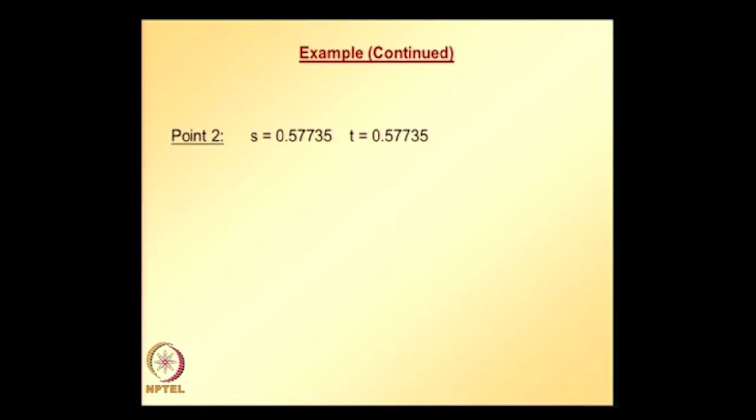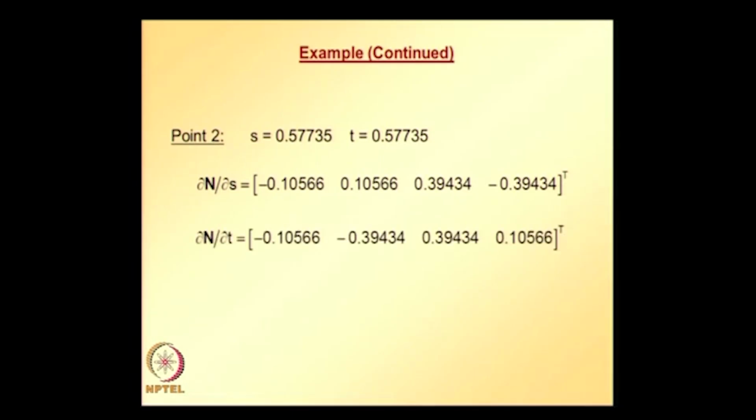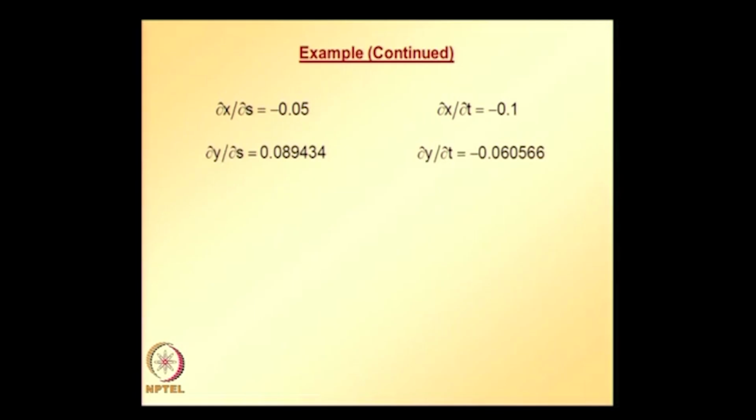So, this is the second integration point that is chosen, and we need the shape function vector derivative with respect to S, and the shape function vector derivative with respect to T. Once we have that information, we can easily calculate the derivative of x with respect to S, derivative of x with respect to T, derivative of y with respect to S, derivative of y with respect to T, the determinant of Jacobian, and the Bx vector.